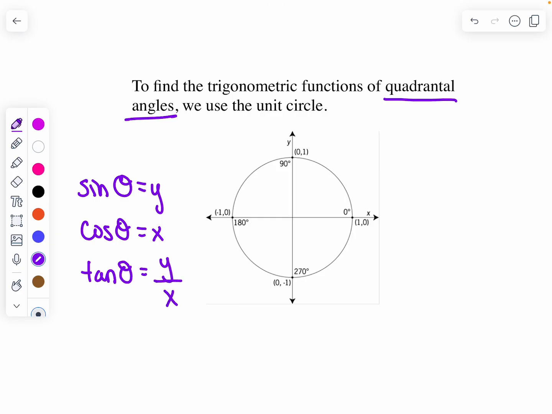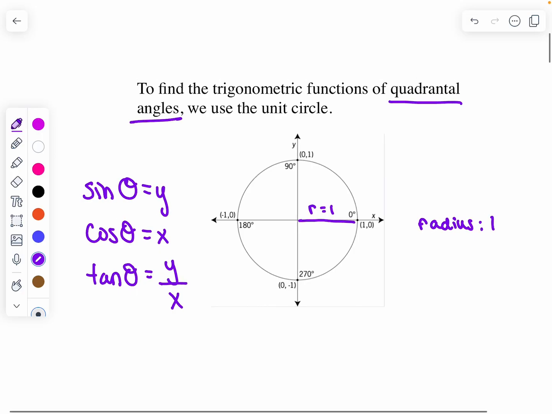This is called a unit circle because the radius is 1. Circles that aren't a unit circle have a different radius and different relationships, but here the radius is 1. So it is as simple as sine is y, cosine is x, and tangent is y divided by x.